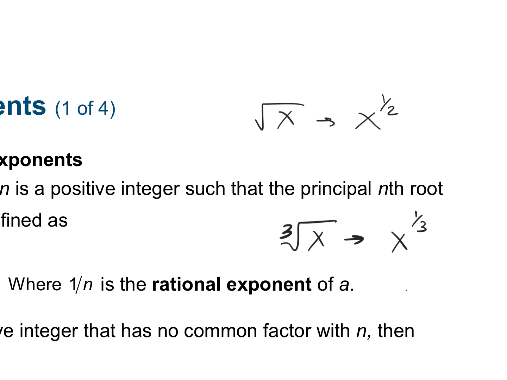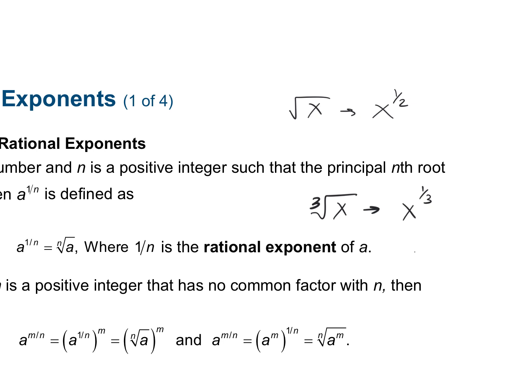Keep in mind, whenever there is a radical, the exponent is always a fraction, and that number always goes on the bottom of that fraction. If you for some reason had the cube root of x, all of that raised to the 4th power, this would be 4 over 3, because the power goes on the numerator of that fraction and the root goes into the denominator of that fraction.